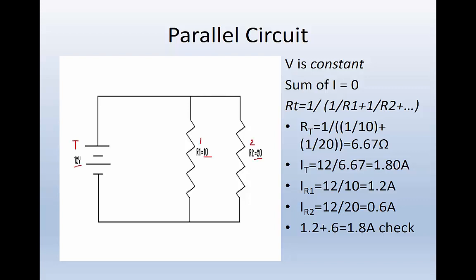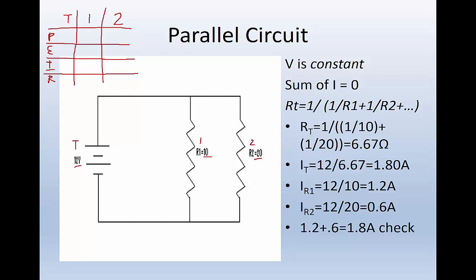In my table, I have total, 1 and 2, power, voltage, current, and resistance. Okay, apparently I can draw horizontal lines a whole lot better.